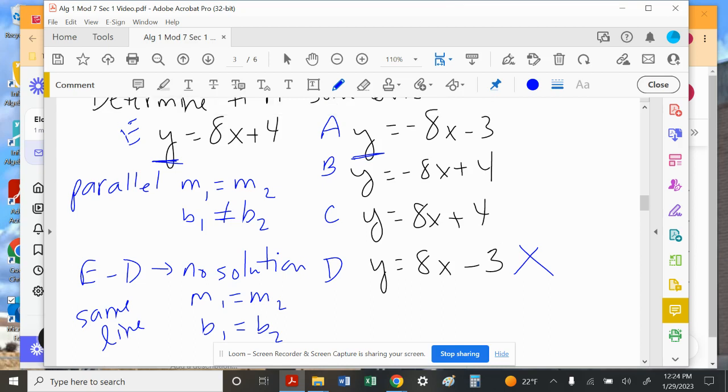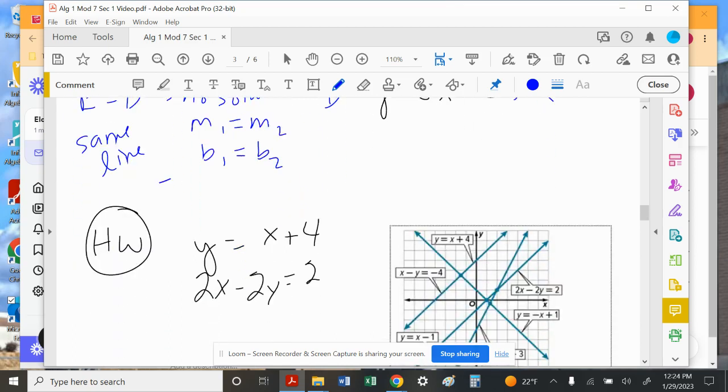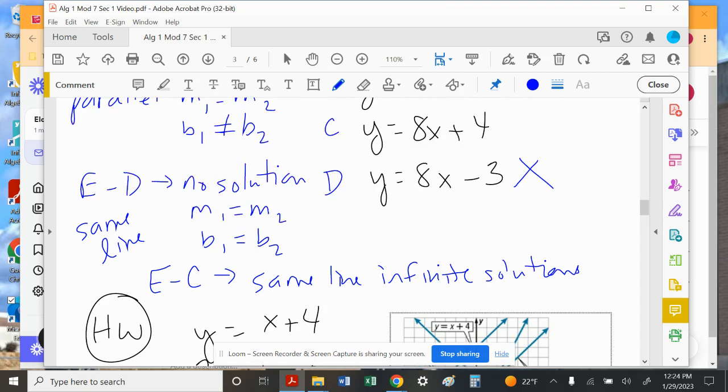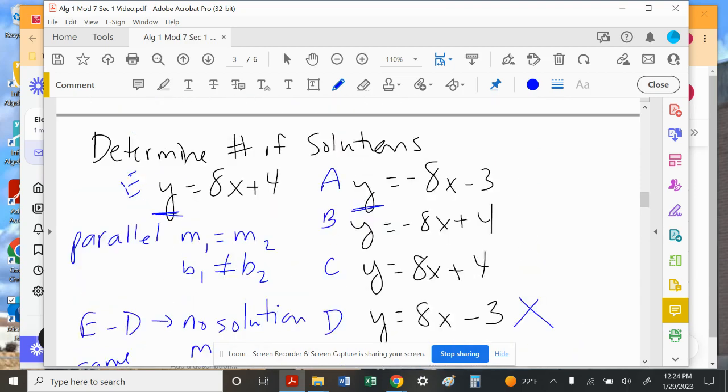So for E and C, those are the same line, which means what? Infinite solutions. Okay, so that is infinite solutions for those two. And that takes care of C.